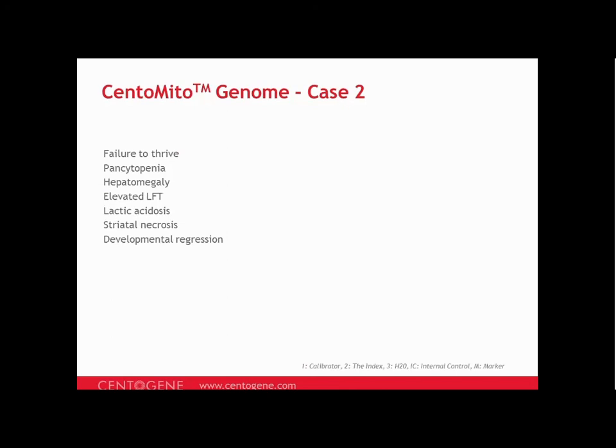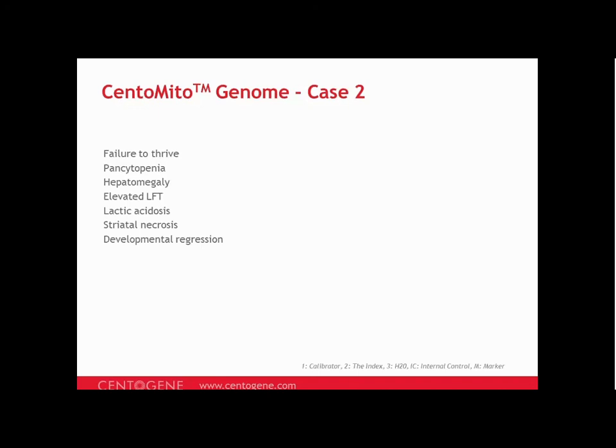And there was another case, which also had a request for the Cento Mito Genome panel, and this case had failure to thrive, pancytopenia, hepatomegaly, elevated liver function tests, lactic acidosis, striatal necrosis, and developmental regression. Here, striatal necrosis is a very nice finding.